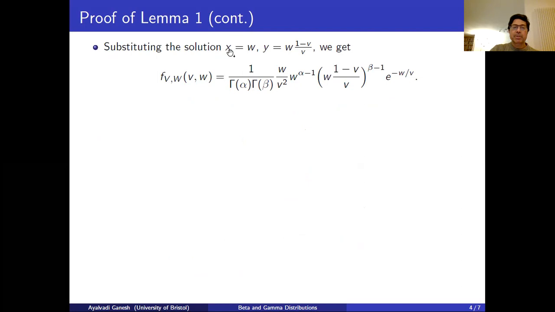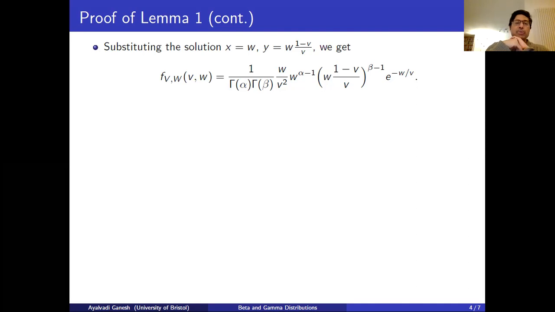Substitute that in, substitute what x and y are in terms of v and w, and with a bit of manipulation, you'll get this expression. So the joint density of V and W is given by this complicated looking expression. Fine.